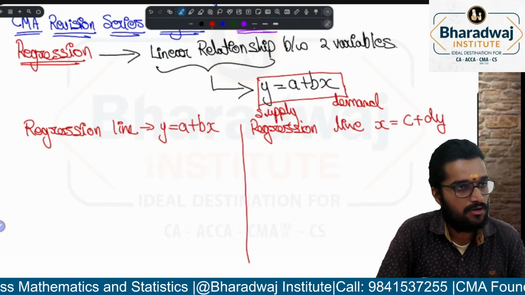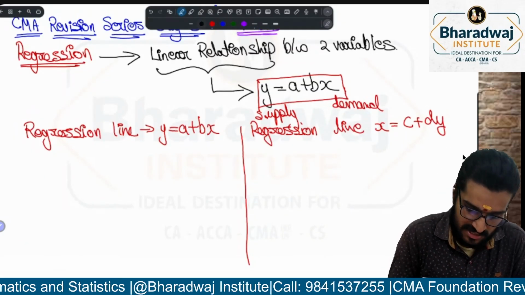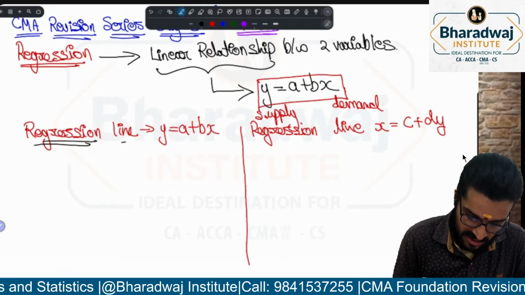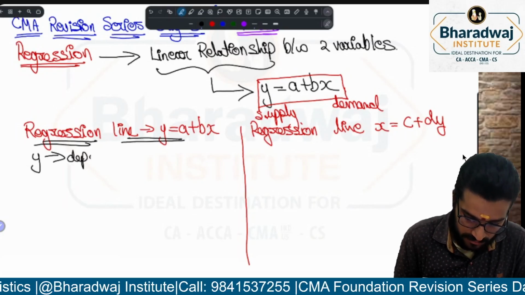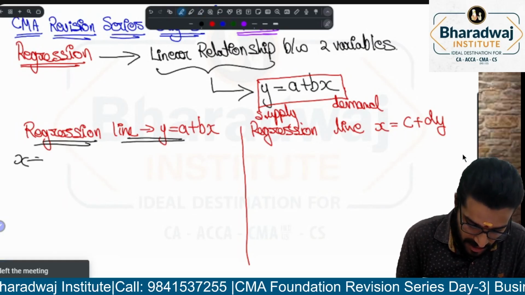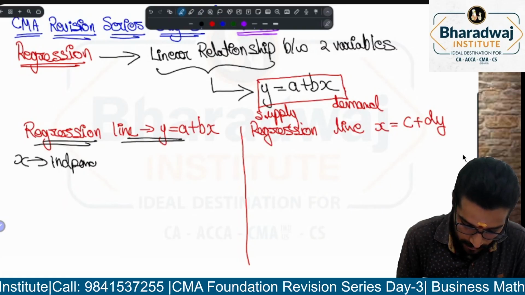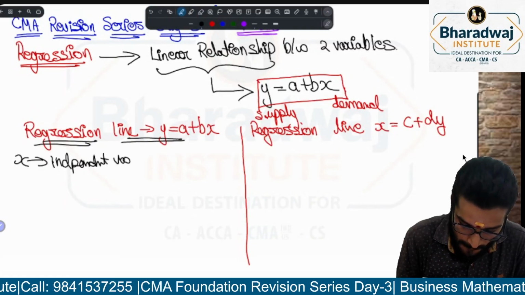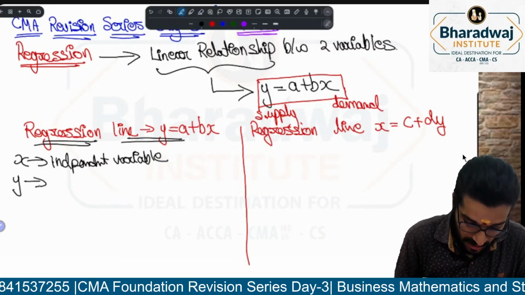What is this, y equals a plus bx and x equals c plus dy? In this case, y will be the dependent variable and x will be the independent variable.